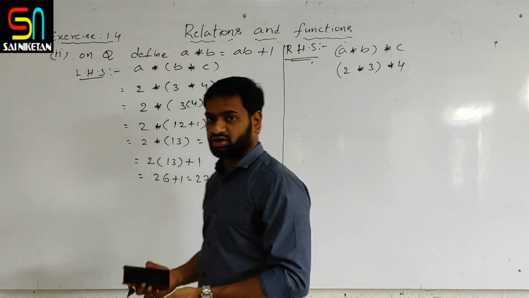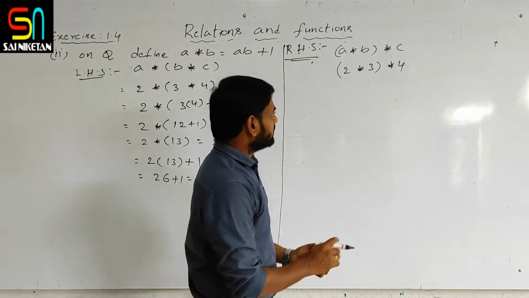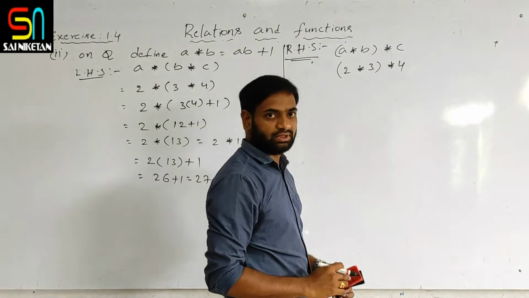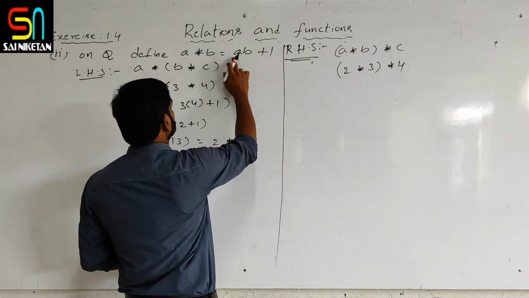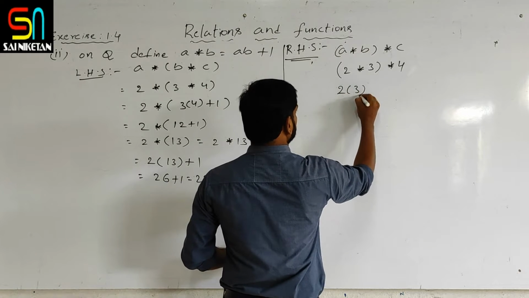Which one do we have to solve first? We have to solve 2 star 3 first. Leave this one, just imagine it is AB. A star B, what is A star B? A into B plus 1, that is 2 into 3 plus 1.